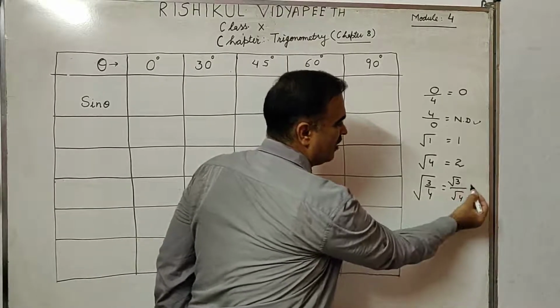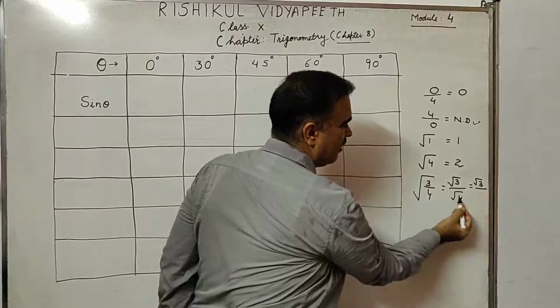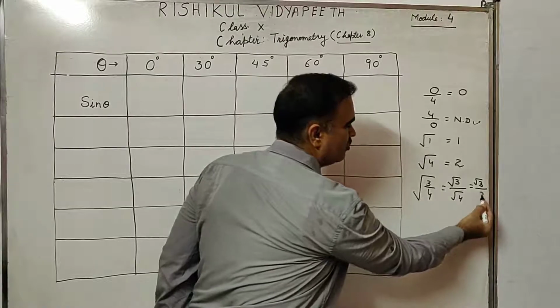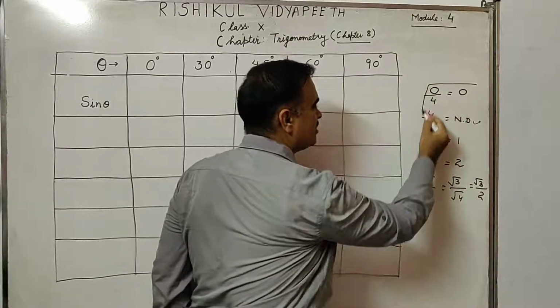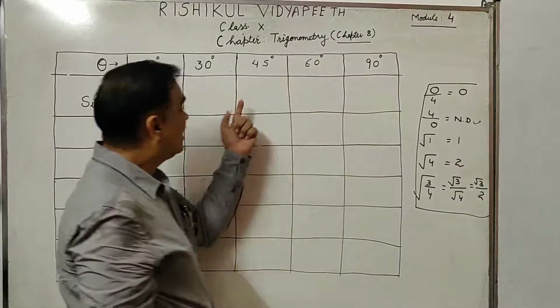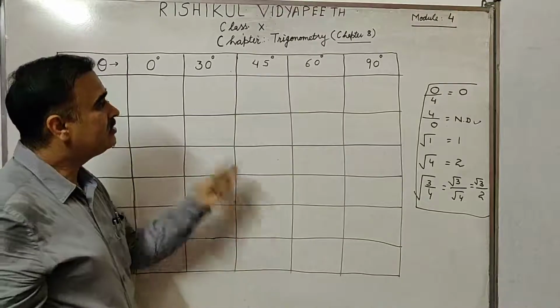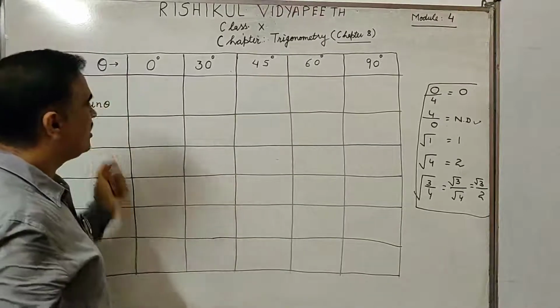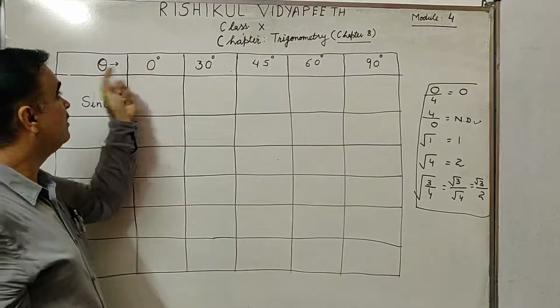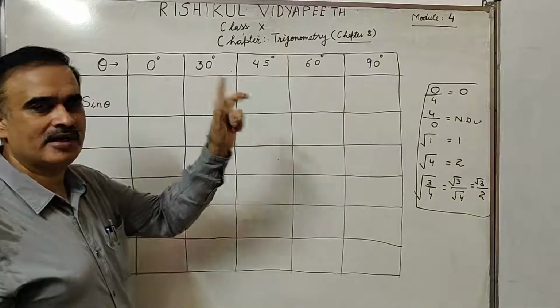You are not able to find out root 3, so it remains root 3. And what is the root of 4? It is 2. So these are some basics which you should know to understand how to write the values of all t ratios at angle theta when 0 degree, 30 degree, 45 degree, 60 degree and 90 degree.